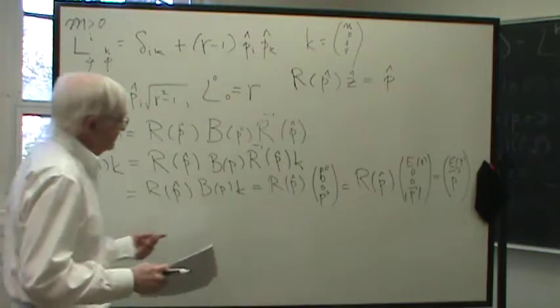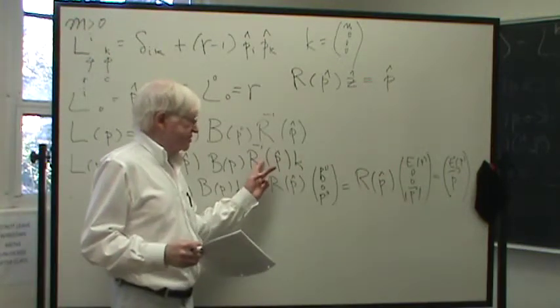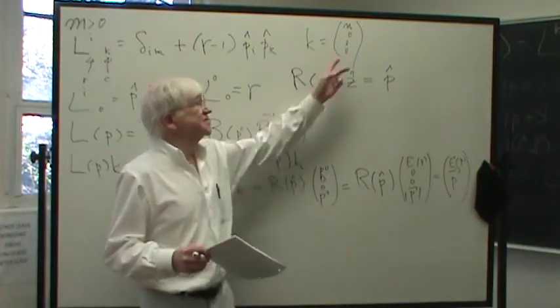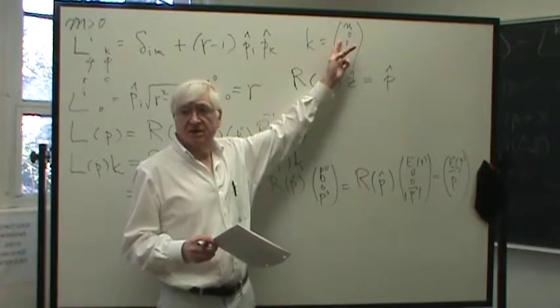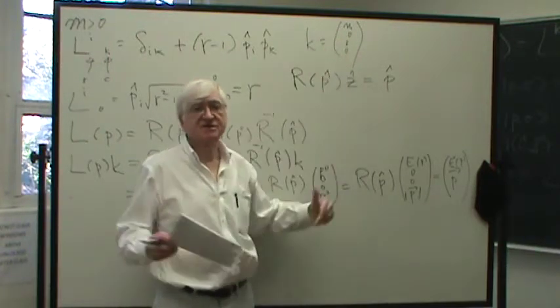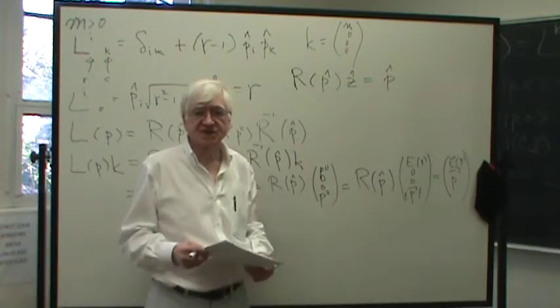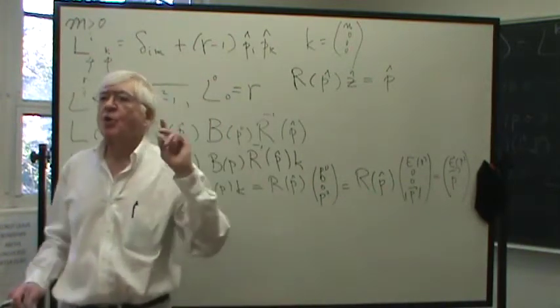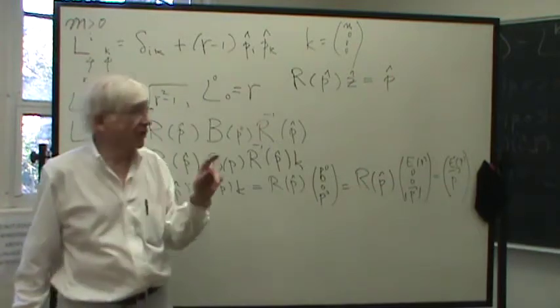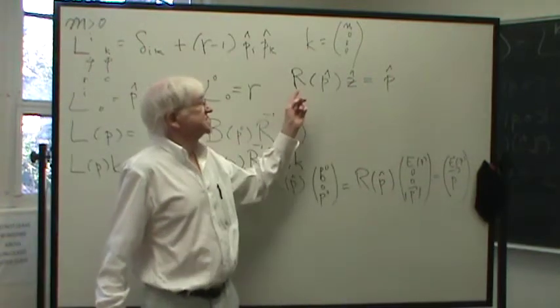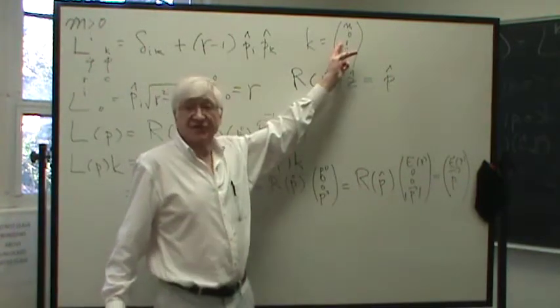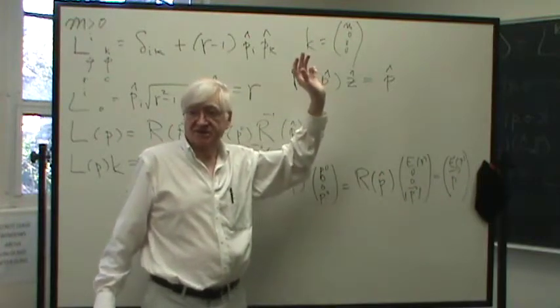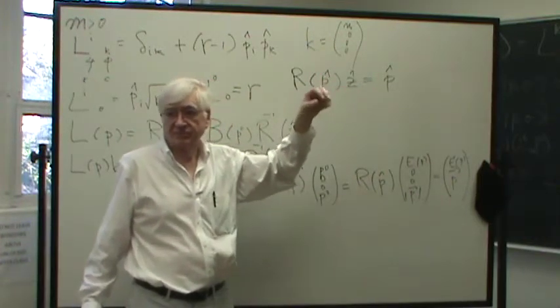It goes away because this is a rotation and the fiducial vector has no space components. It's a particle at rest. You do a rotation, the particle at rest just says the hell with that. Or to put it differently, where actually I misspoke, this R of P only acts on the 4 vector of the particle at rest. It doesn't act on the spin.